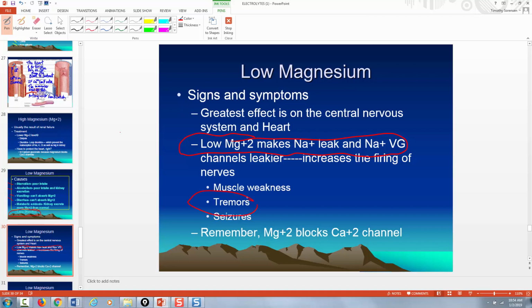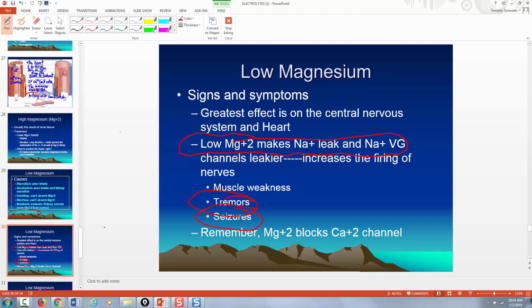So they will develop tremors, seizures. That's why magnesium sulfate is given as a treatment for seizures. So if you give them Valium or Dilantin and that doesn't work, then they will give them magnesium sulfate.